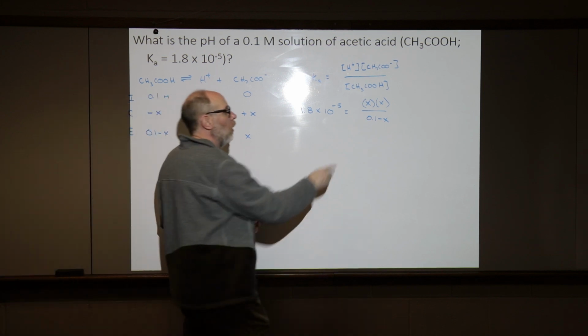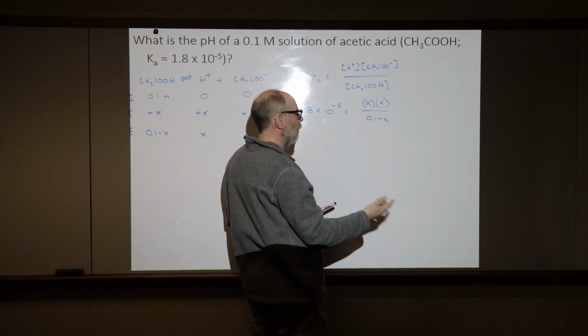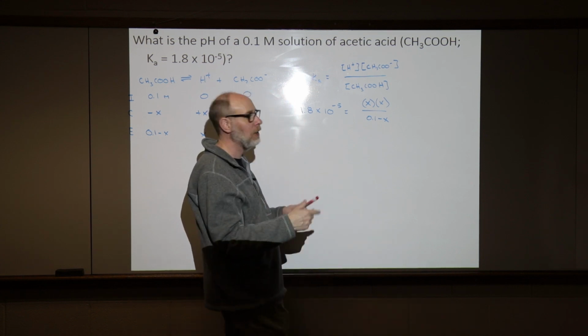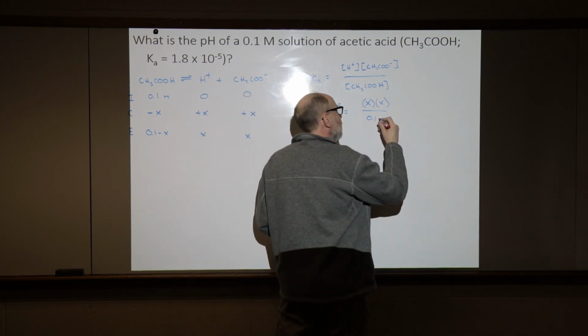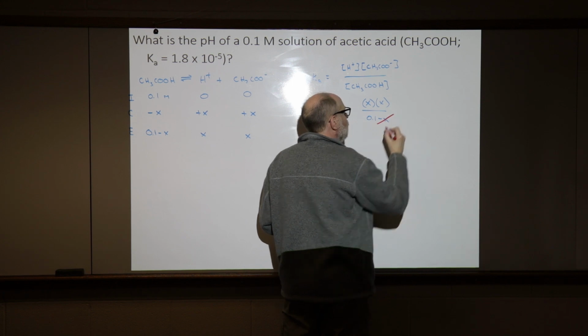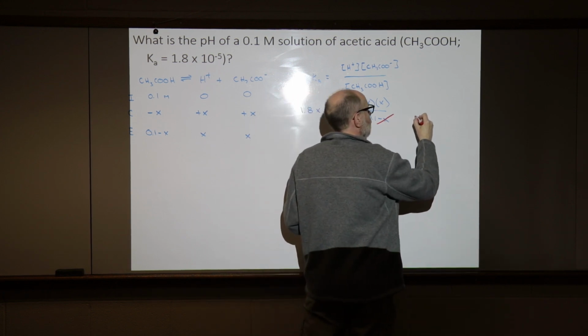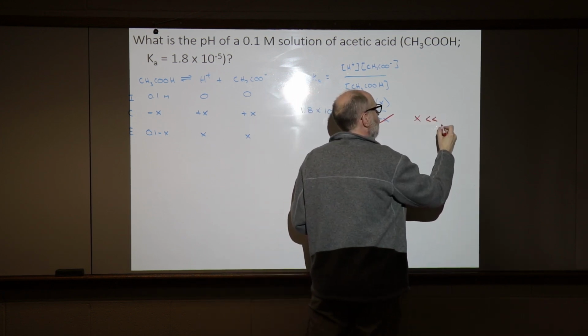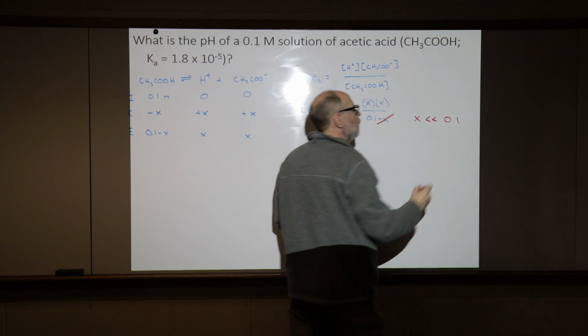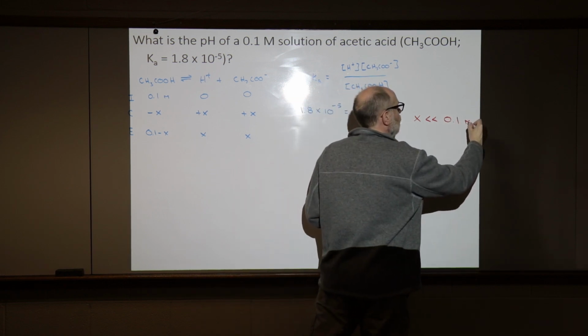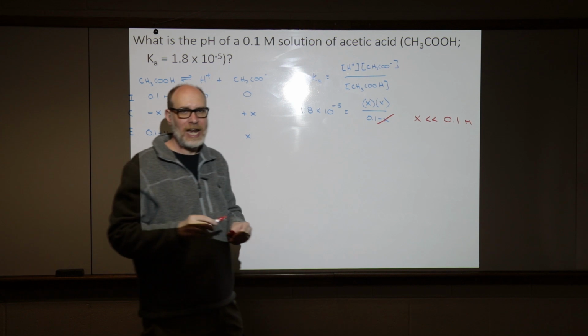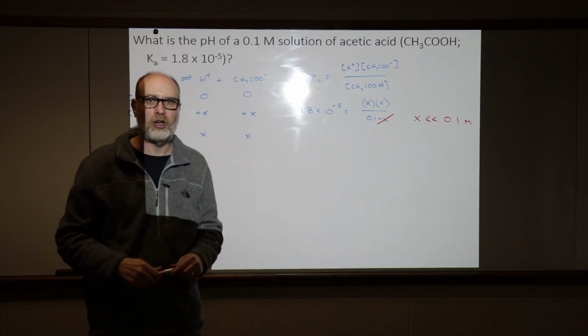So when you take 0.1 and subtract something really, really small from it, it's still essentially 0.1. And so we can make the assumption that X is much, much smaller than 0.1 molar. And when we do that, the X in the denominator goes away.